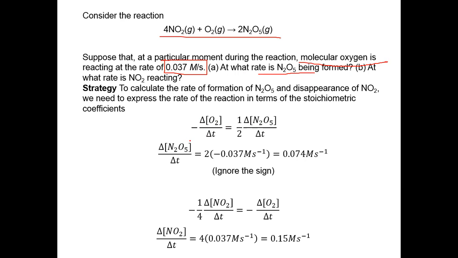So this is the rate of change of oxygen, right? If we write the rate as minus delta O2 over delta T, it equals the formation of this one. They're the same thing. We don't care about this one for the moment.